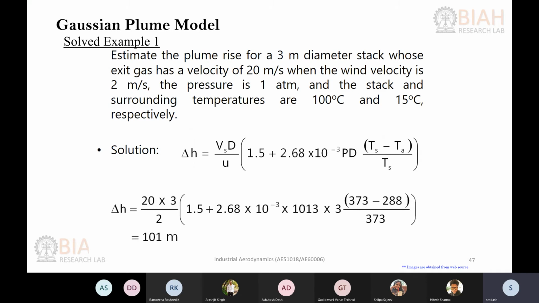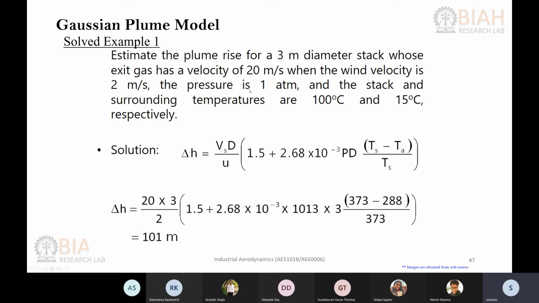Okay, so let's do two examples. I think that it will be pretty much clearer. So the first one is: estimate the plume rise for a 3-meter diameter stack whose exit gas has a velocity of 20 meters per second when the wind velocity is 2 meters per second. So you can see that this is your exit gas velocity, and wind velocity is 2 meters per second.